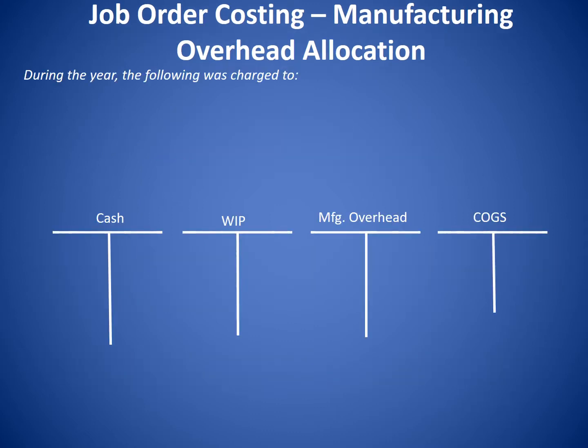Okay, now let's see how this process actually works. So during the year, the following was charged. We're going to go through some different jobs here. Okay, job number 1, we charge $35,000 of materials to job number 1, $70,000 of labor, and 2,000 machine hours.